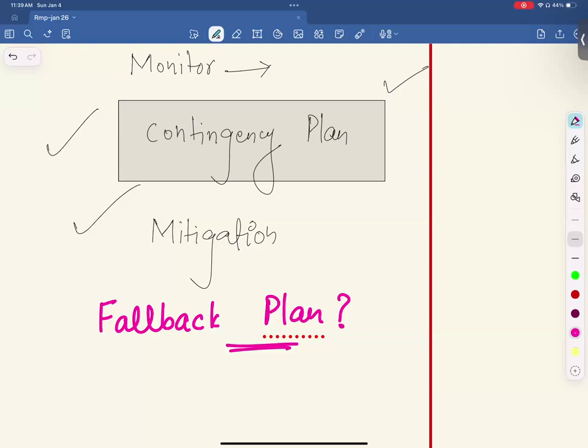Like one equipment is delayed, the primary plan was to use an alternate supplier, but the fallback plan is to rent equipment temporarily.